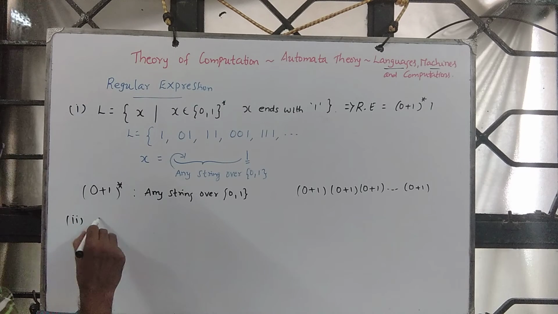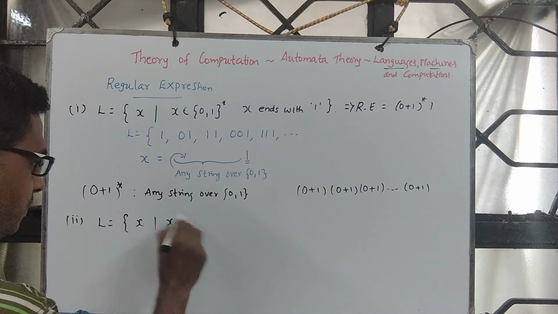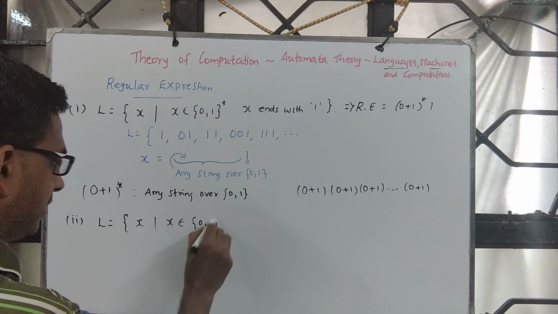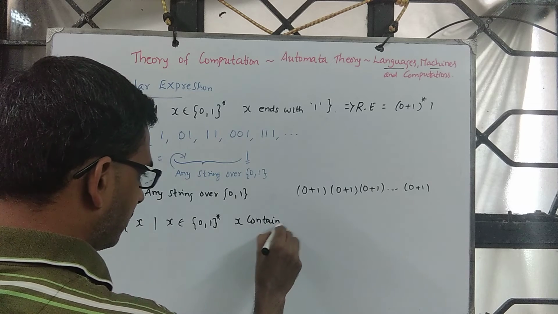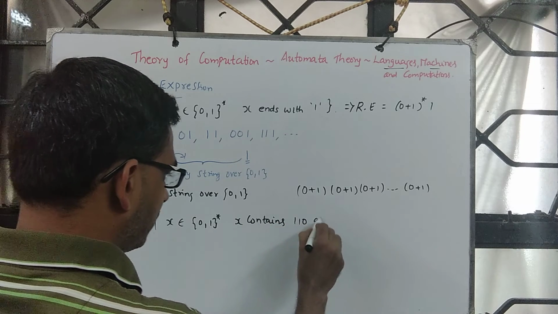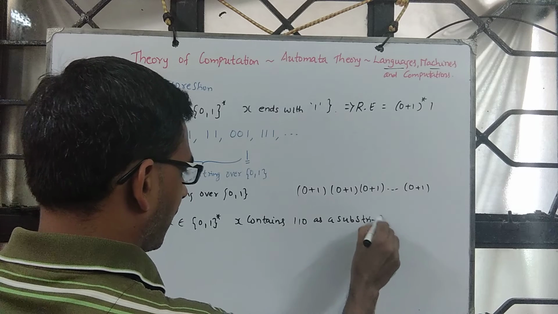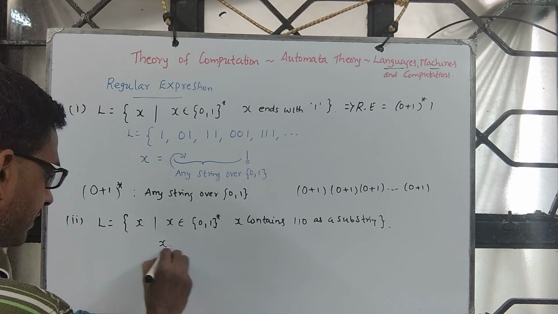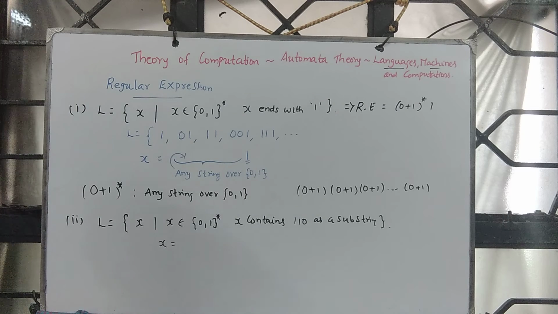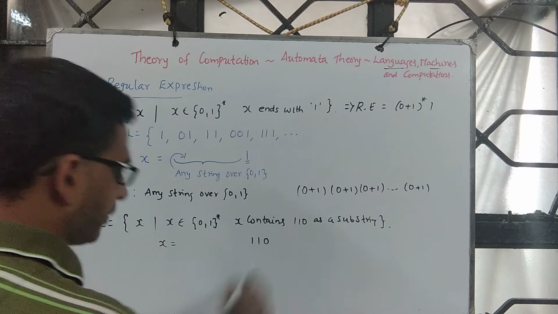Let's look at this language: the set of x such that x is over {0,1}* and x contains 110 as a substring. Now any arbitrary x in L has this pattern: somewhere 110 is present.